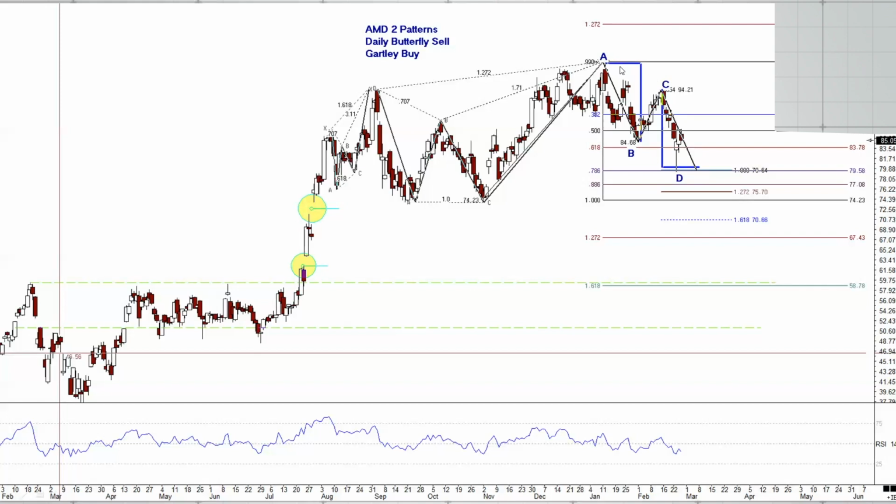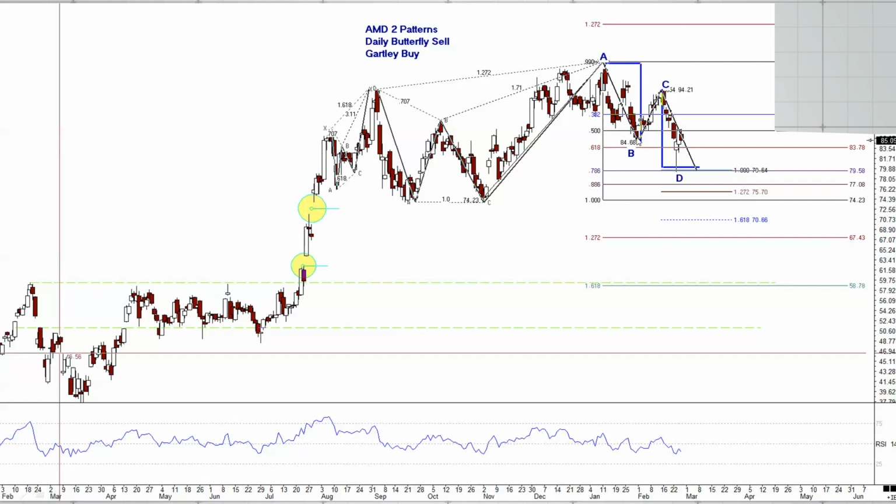But first, let me show you a simple method to find that time symmetry element. So you can see the A to B leg. I drew a vertical line up from where that B leg completed, and then from the start of A, I just connected that. So this horizontal line represents the amount of time that A to B took to form.